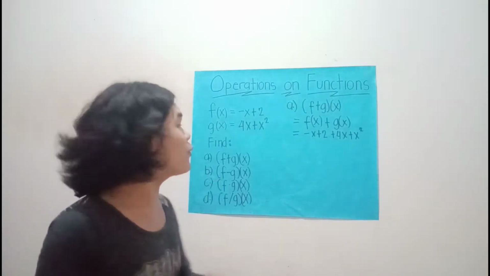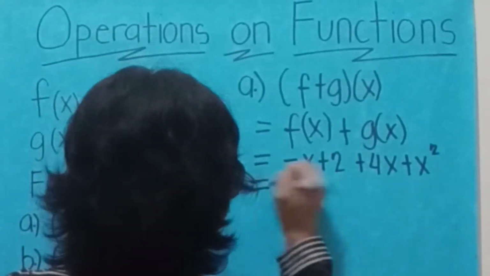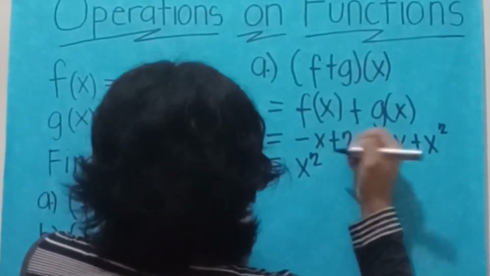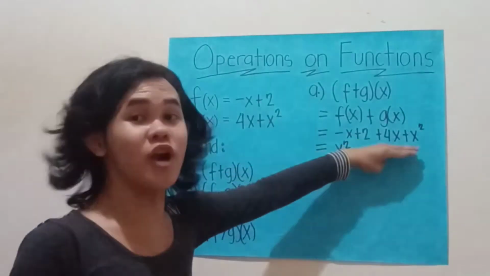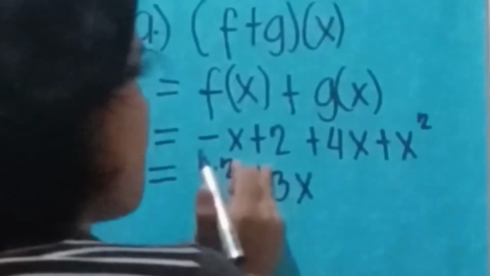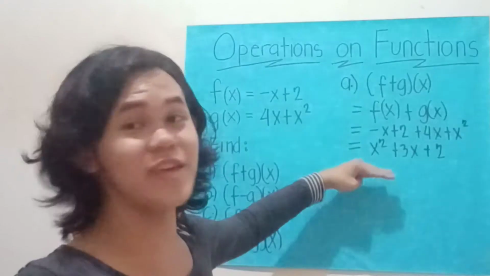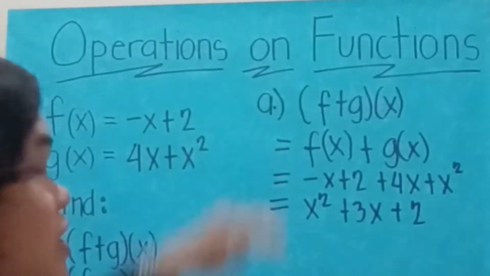Step 2, we are going to combine like terms. So this will become x squared, negative x plus 4x is equal to positive 3x, plus 2. So this is now the answer for our quantity f plus g of x.